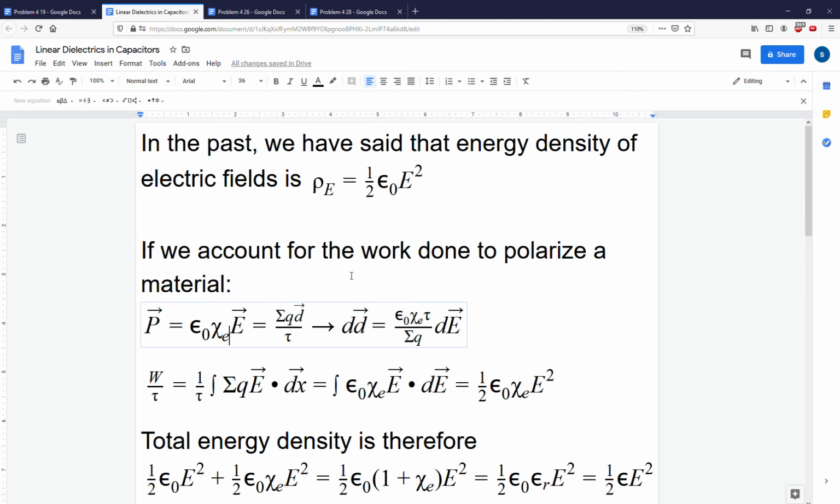With this, we can differentiate this equation and rearrange it to say that in order to change the average displacement of dipole particles, we will need to increase the electric field by a small amount, and those two relationships are given by this equation right here.